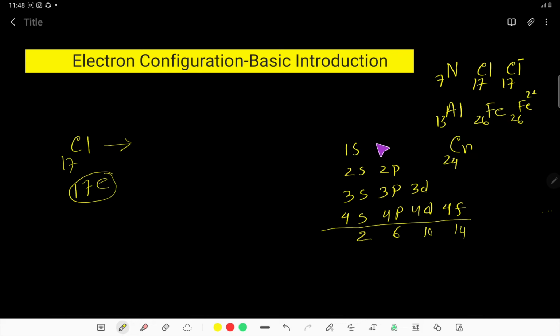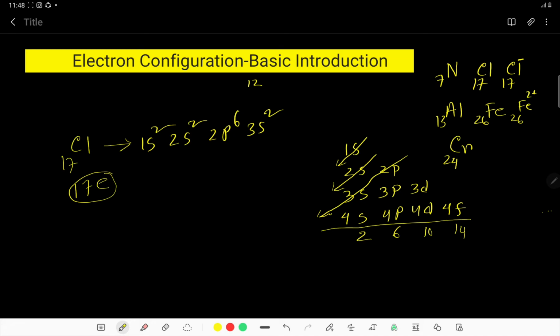So to write the electron configuration of chlorine, now you have to draw a line like this. So 1s2, then you have to consider this 2s2, then this 2p6 and 3s2. So count 2, 4, 10, 12, right? 12.